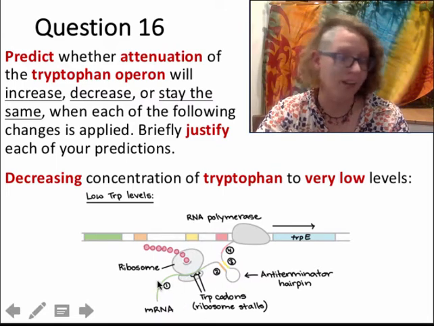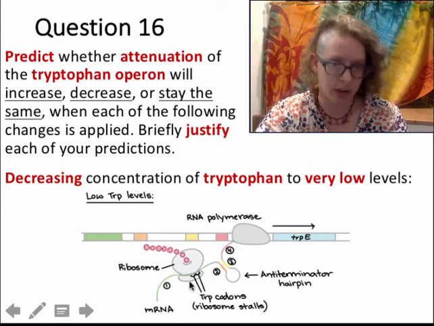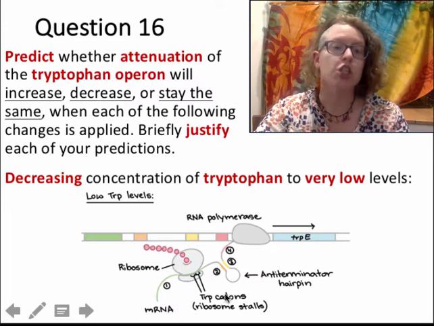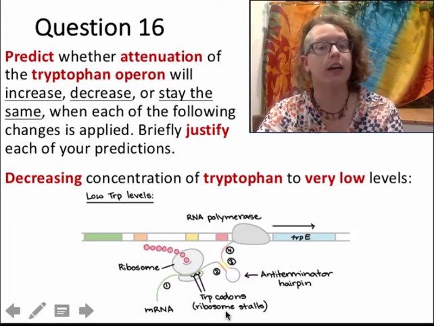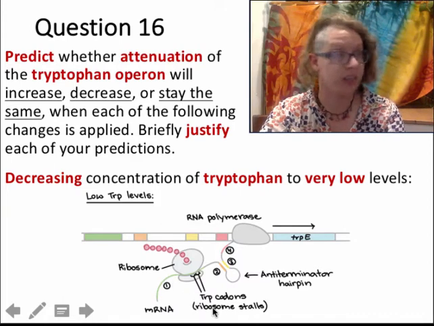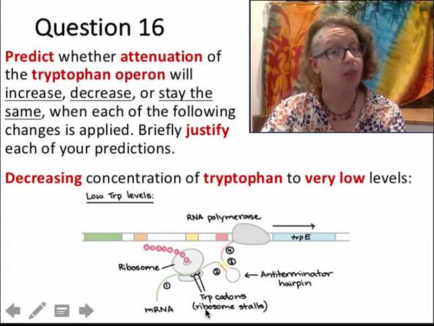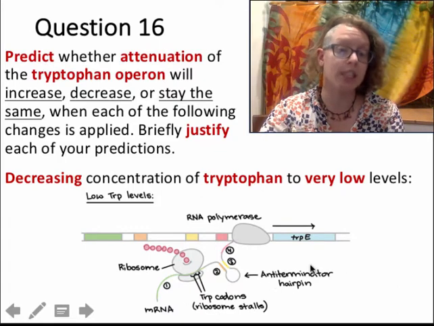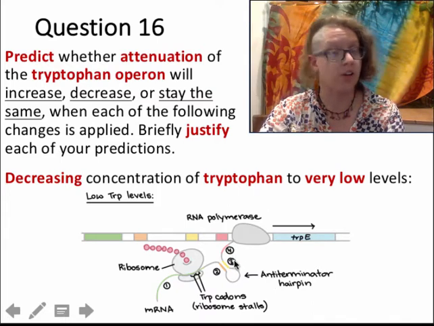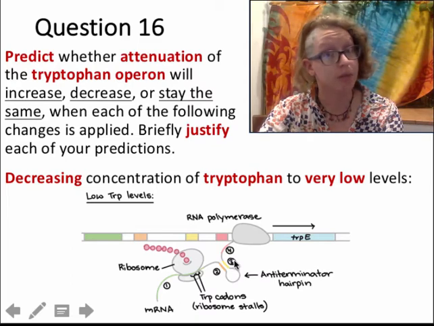It's going to stall because it will struggle to find available tryptophan attached to tRNA, because there are those tryptophan codons. That's going to result in the anti-termination hairpin, which is not the one between 4 and 3, which is the termination hairpin.